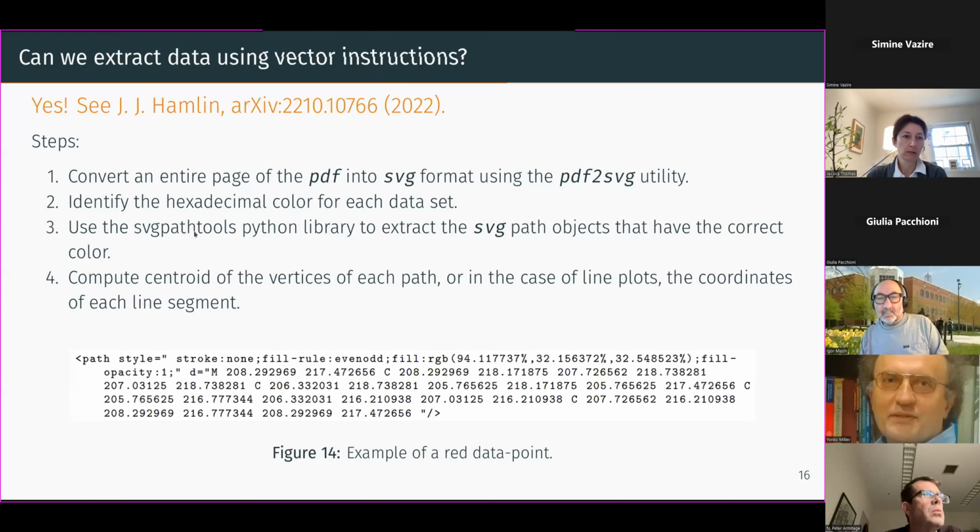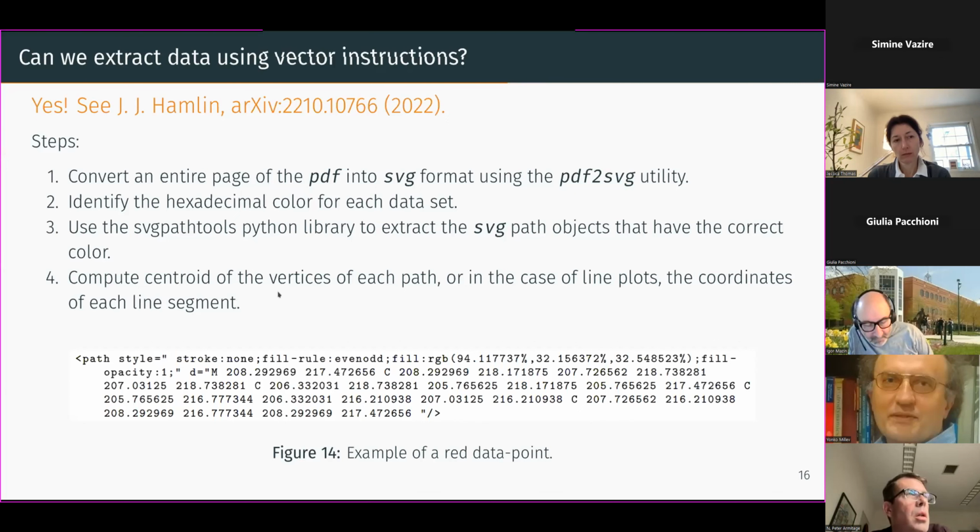And then there's a Python library called SVG Path Tools, which has some useful features that allow you to pull out various paths from the SVG, and you can then filter them by color, or, for example, filter them by the number of edges. So if you wanted to distinguish rectangles from hexagons, that would be fairly straightforward.